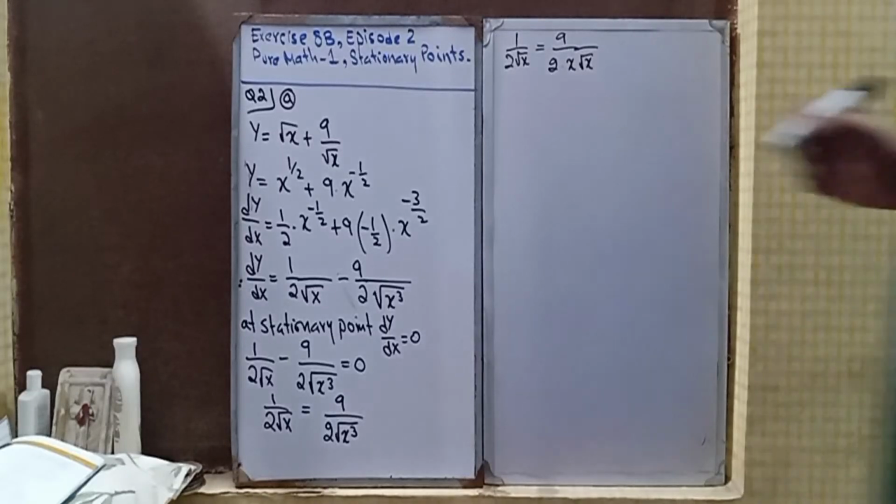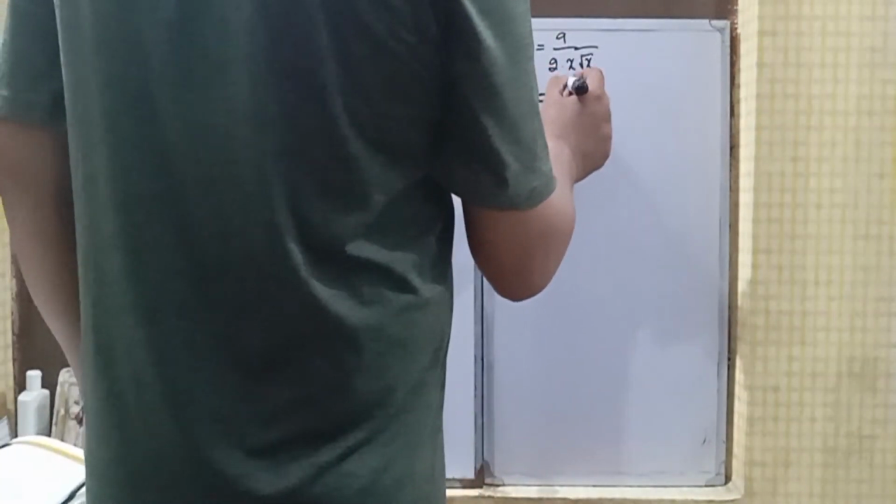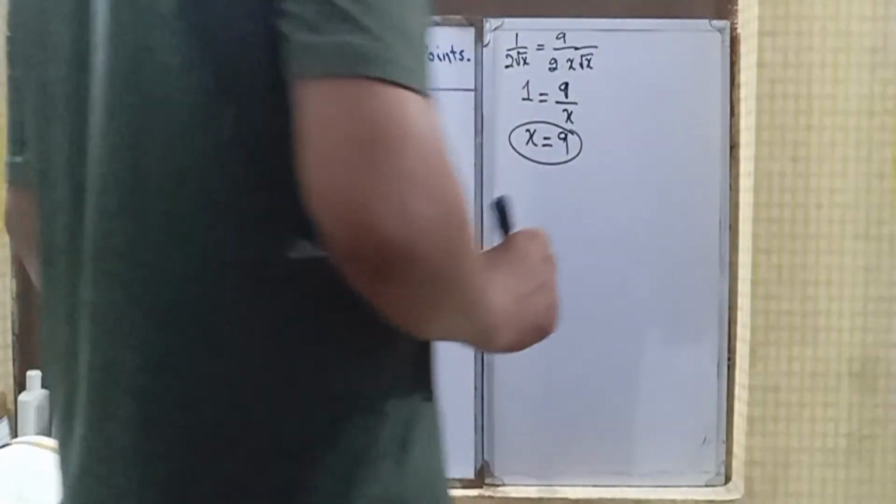Under root x will be cancelled, 2 and 2 will be cancelled. You are left with 1 divided by 9 by x. So x will be equal to 9. This is the value of x.